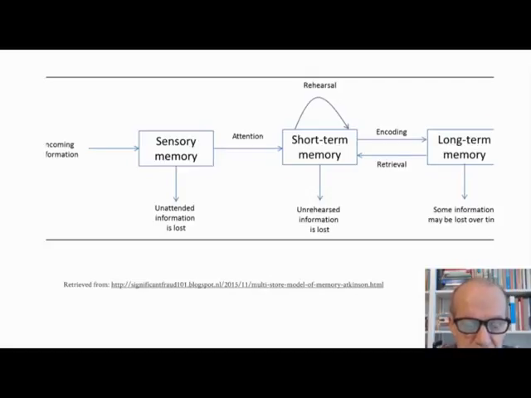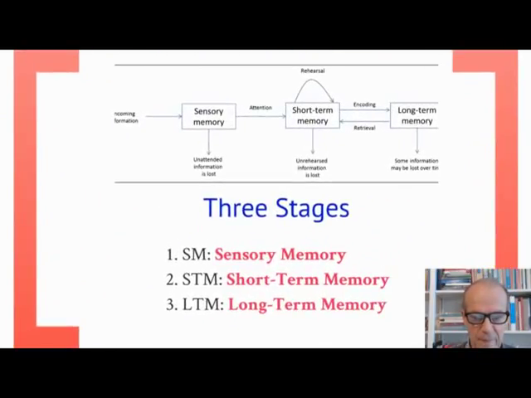But first, the three stores, the system as such. The three stores, or the three stages in which human information is being processed, are the sensory memory with its abbreviation, short-term memory, STM, and long-term memory, LTM.